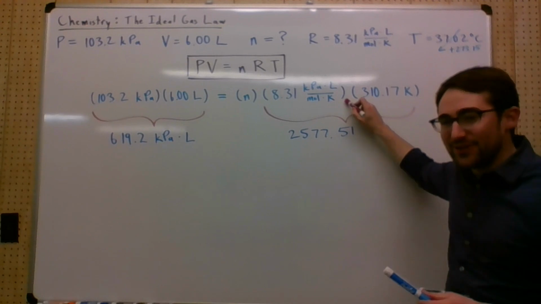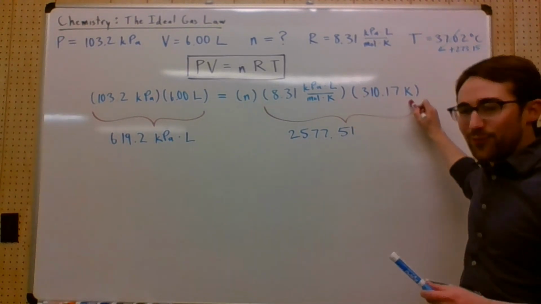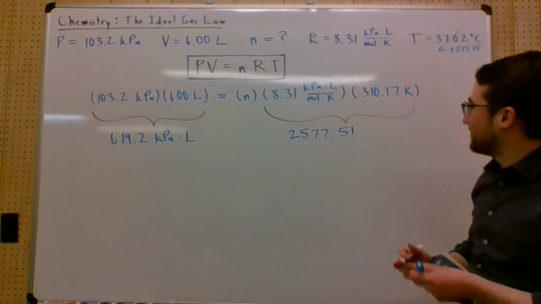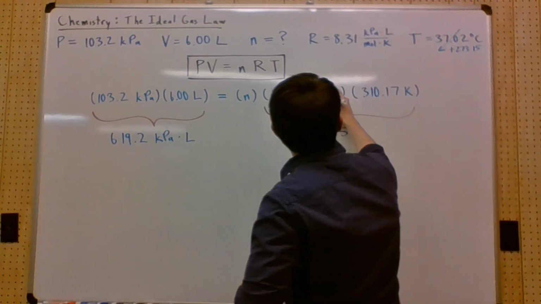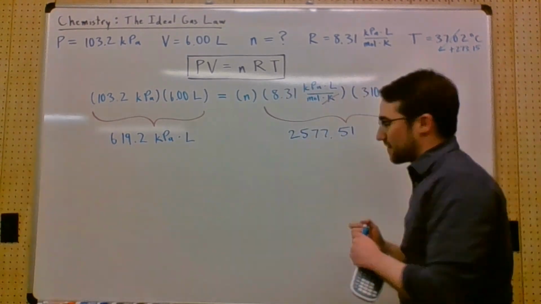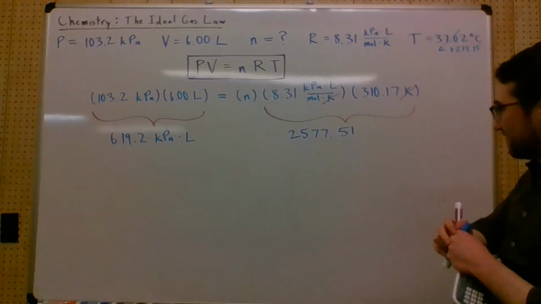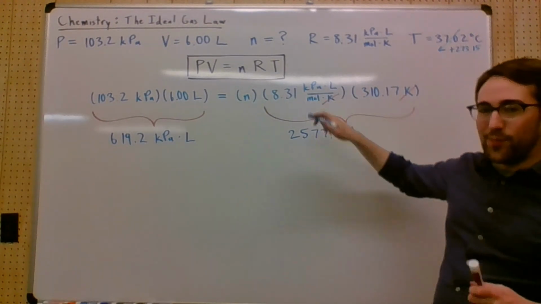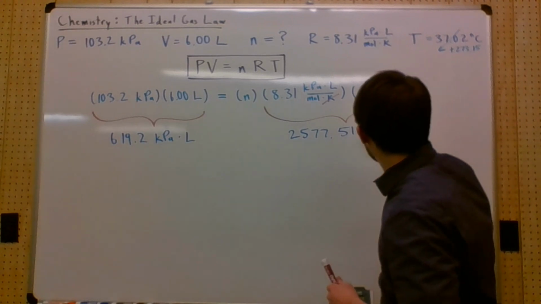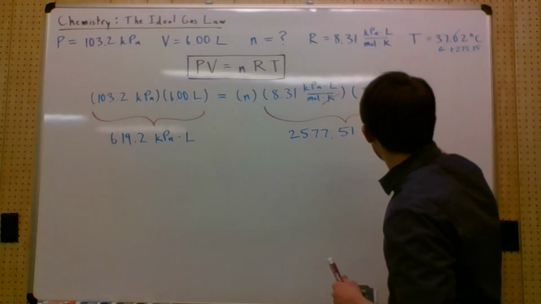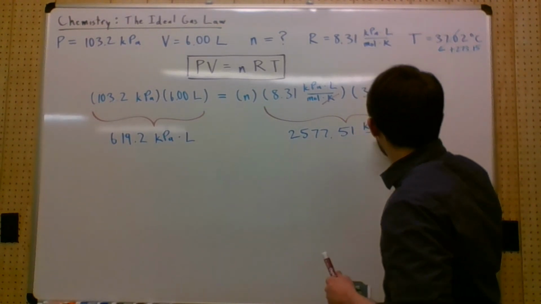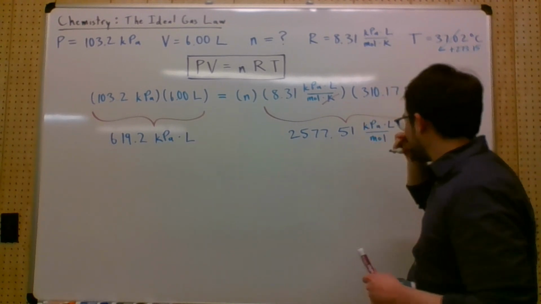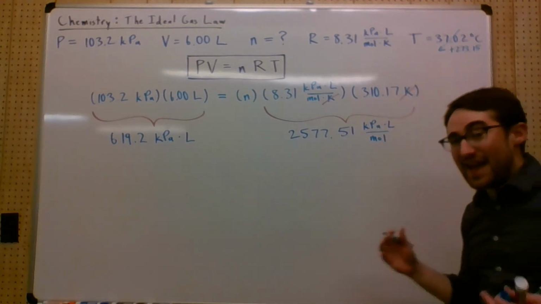And my Kelvin units down here at bottom, and the ones on top over here are going to cancel. So what I've got left over here is kPa in liters per mole. Okay, N is still there.